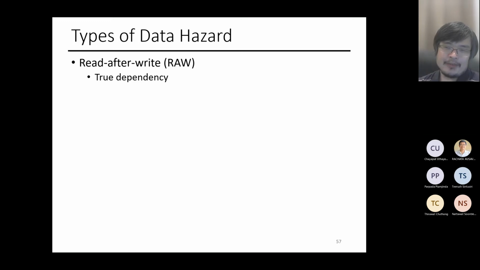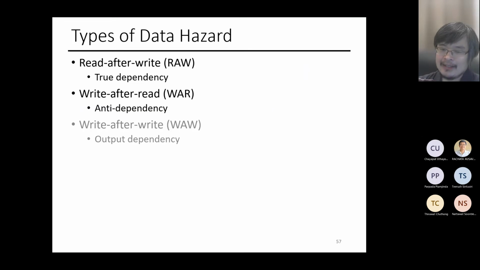In the processor you've seen in this lecture so far, you only see read after write. But if you look at a modern processor like your Intel CPU or your AMD CPU, you'll see 2 more data hazards called write after read and write after write. Why are these 2 new things happening in the CPUs that you have?